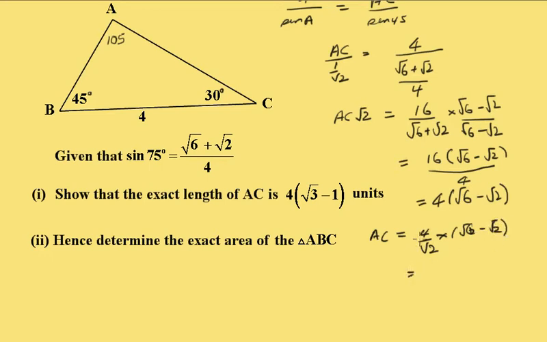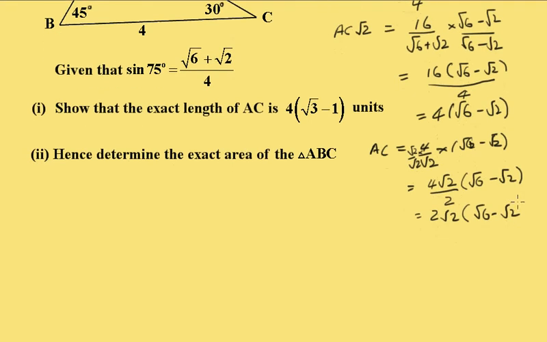Now, rationalizing this part in here, multiplying top and bottom by root 2, that becomes 4 root 2 over 2 outside of the square root of 6 minus the square root of 2, which is 2 root 2, almost there, root 6 minus root 2.